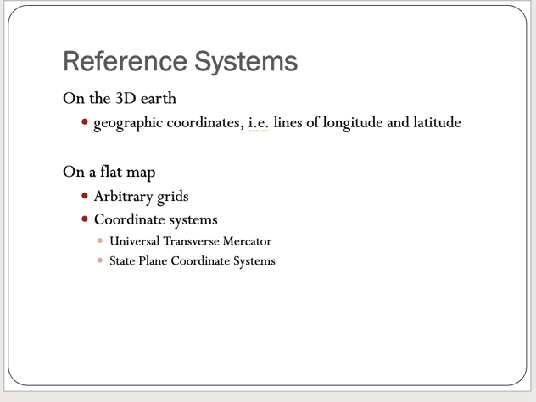So reference systems are based on either the geographic coordinates or geographic coordinate systems. Again, we're looking at longitude and latitude coordinates. Or it could be represented based on a projected coordinate system or arbitrary grids.